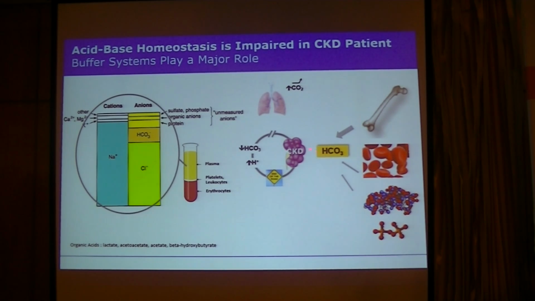So as soon as you get acidotic, if you want to maintain your bicarbonate concentration, the body of the CKD patient takes the bicarbonate from the bone. And we have a large amount of bicarbonate stored as calcium carbonate. So at the end, the acidotic status also affects bone disease in the CKD patient. This is the way to preserve this equilibrium in the CKD patient.